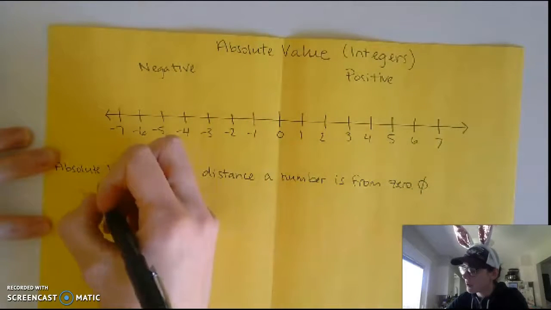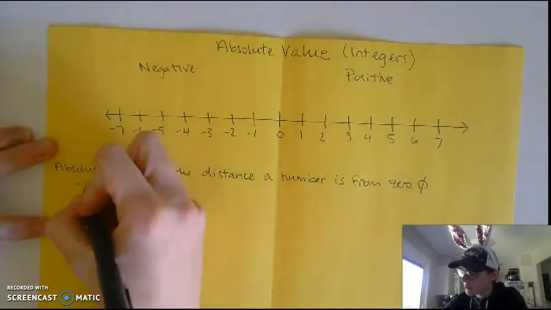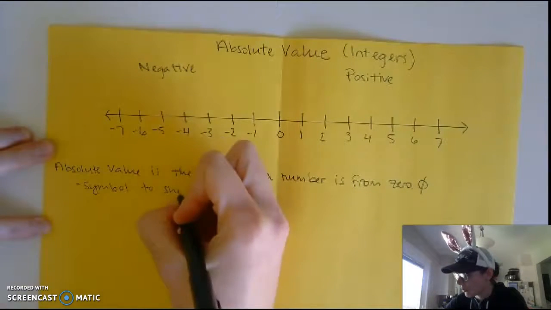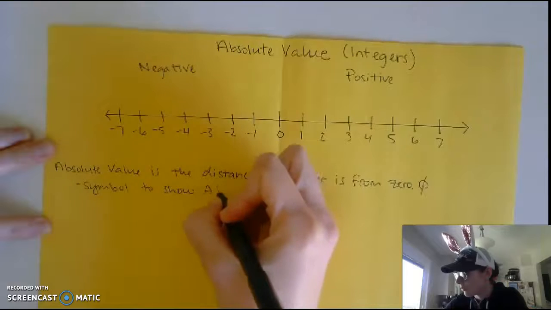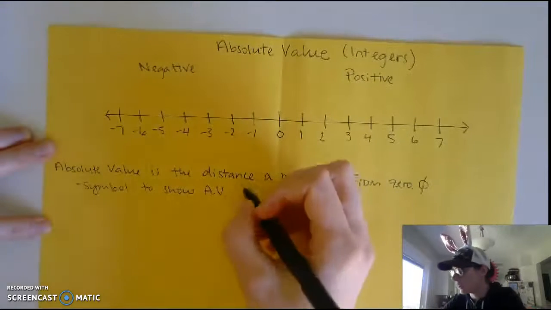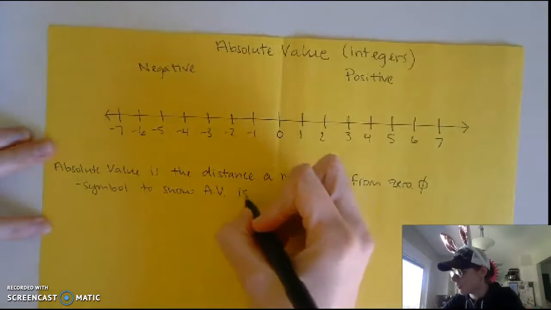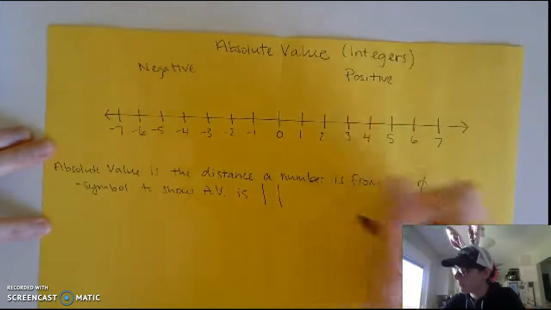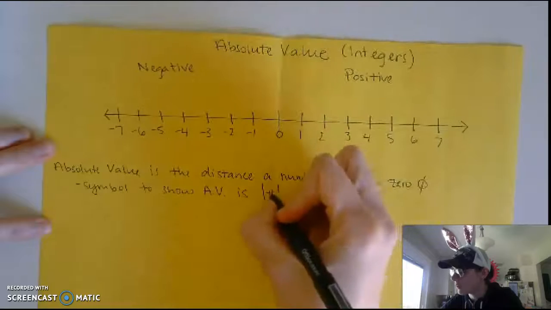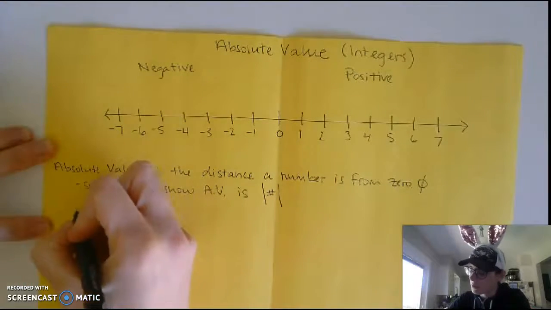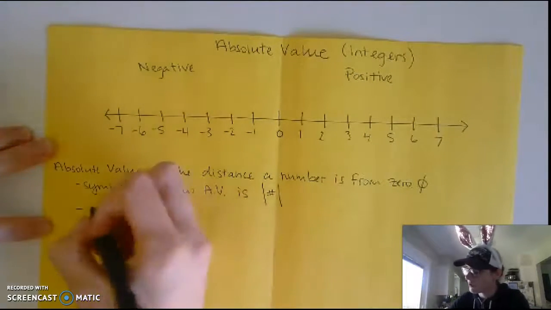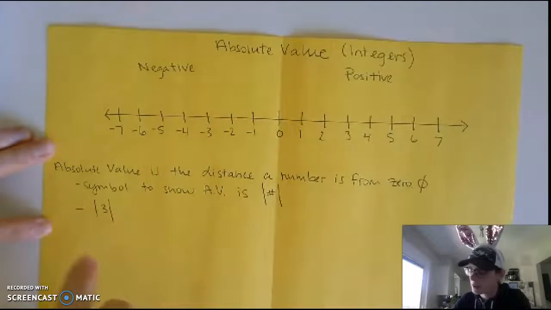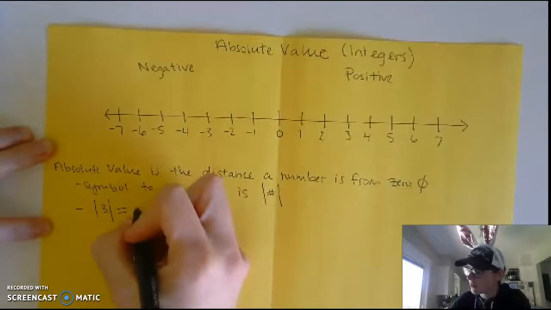Okay, so for example, the symbol to show absolute value, and you'll see it abbreviated like this, is 2 vertical lines around a number, okay? So oftentimes you'll have the number in between. So here's an example. The absolute value of 3 is the same as 3.